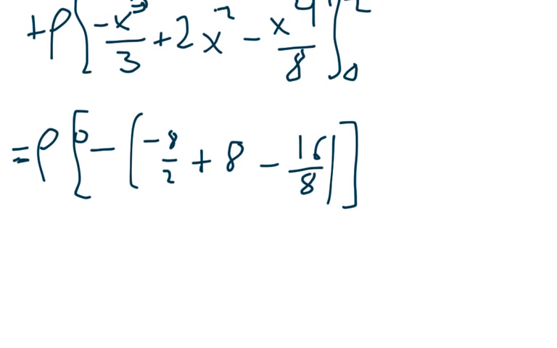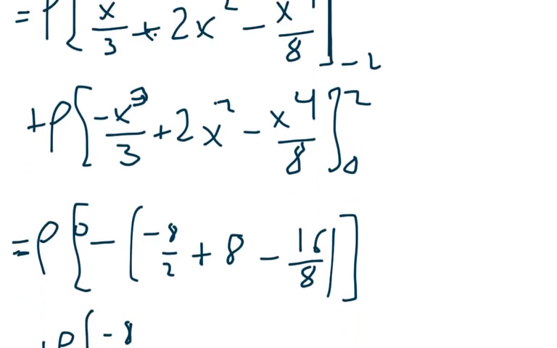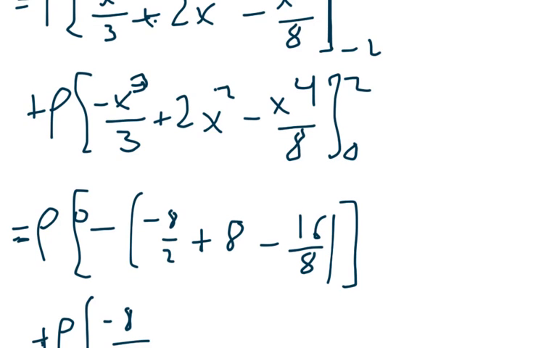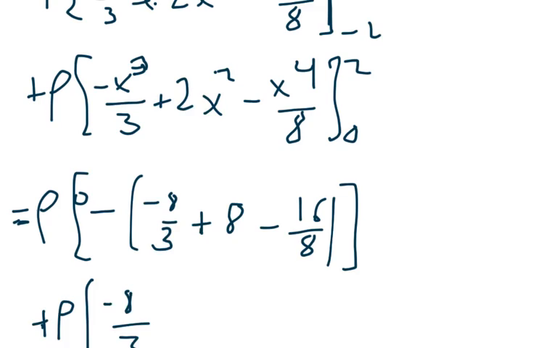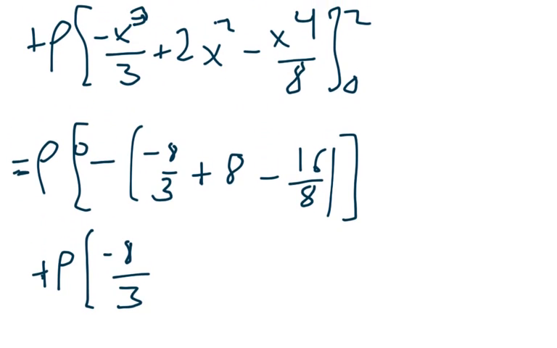And then we have plus rho, and then we have minus 8 over 3 plus 8 minus 16 over 8.